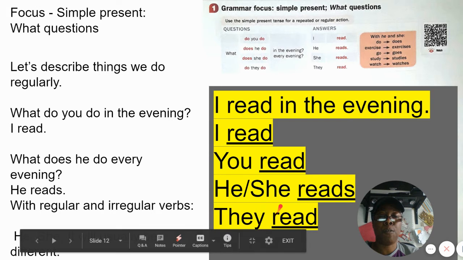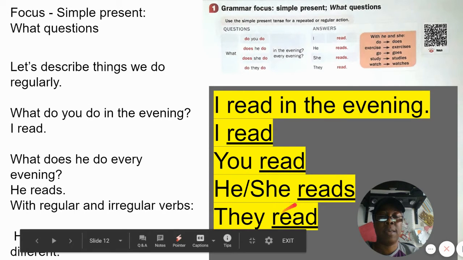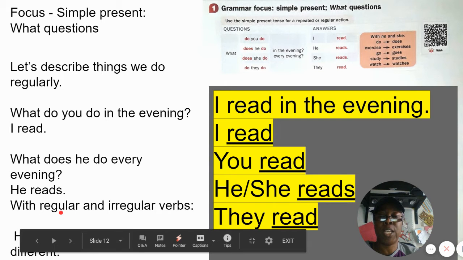But for I, you, we, and they, it's read. The change only comes with he, she, or it. In this case, he reads, she reads. And that change will always be different for he and she, whether it's regular or irregular verbs. Okay.